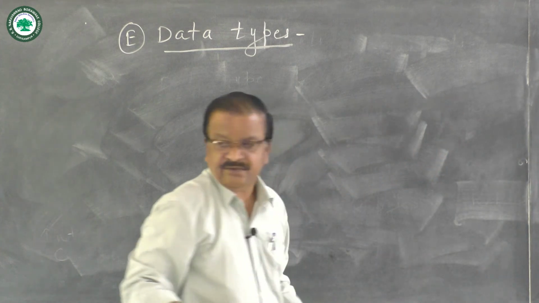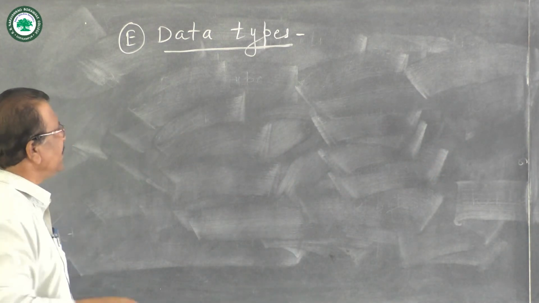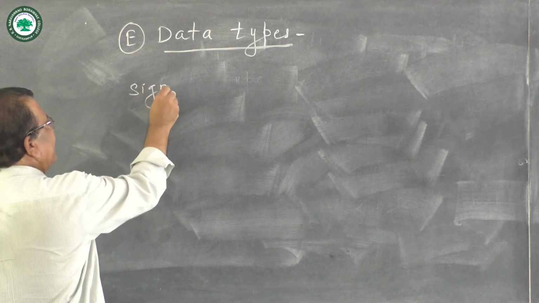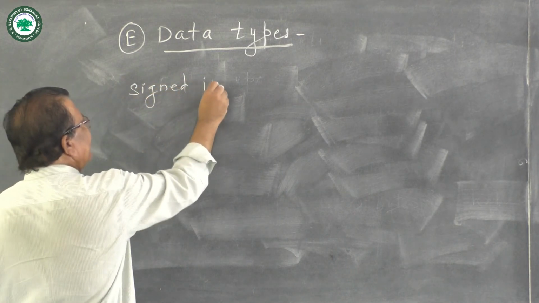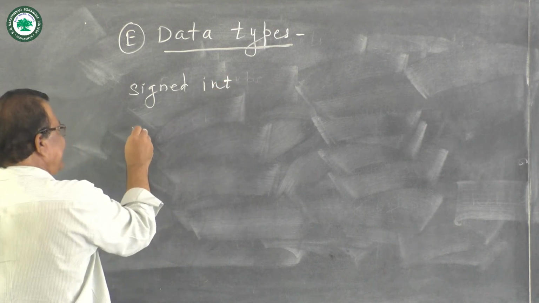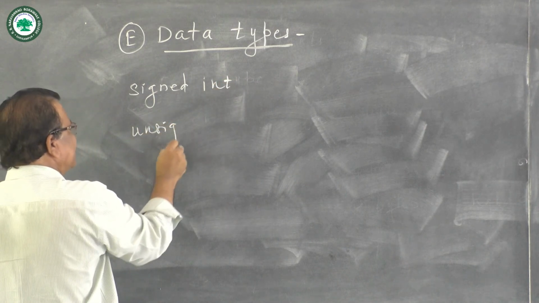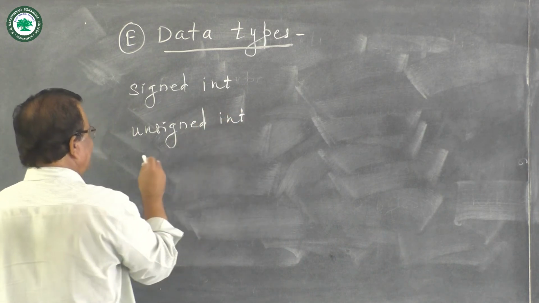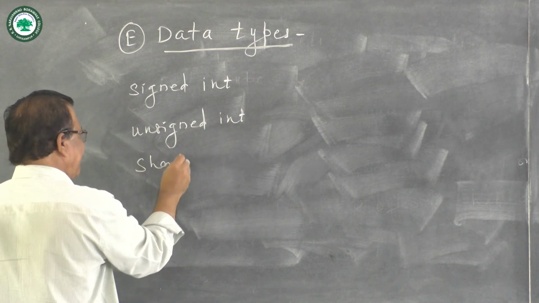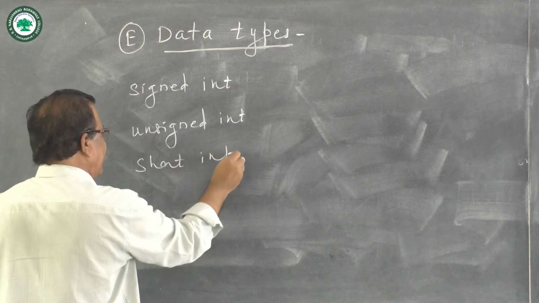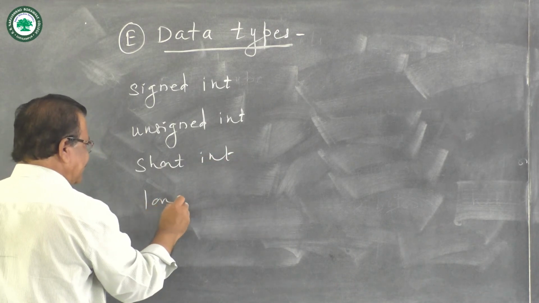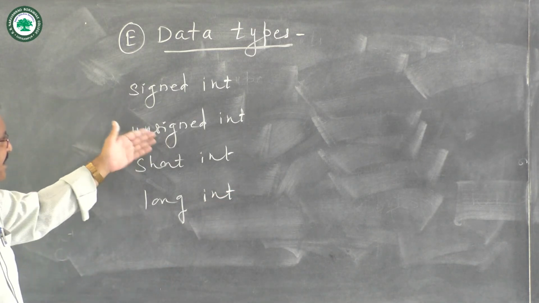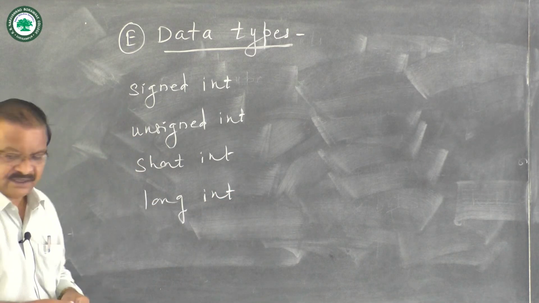So we have additional 4 data types: signed integer, unsigned integer, short integer, and long integer.